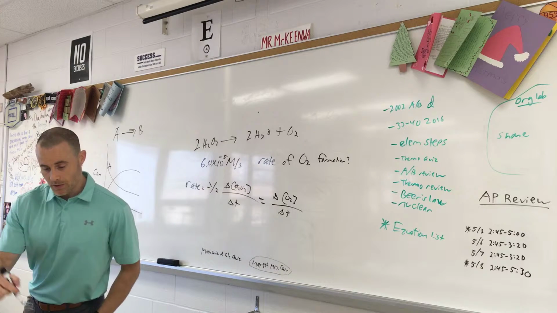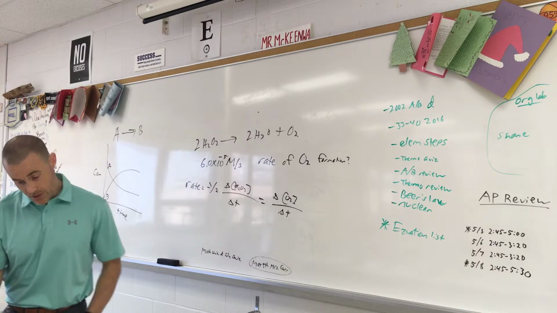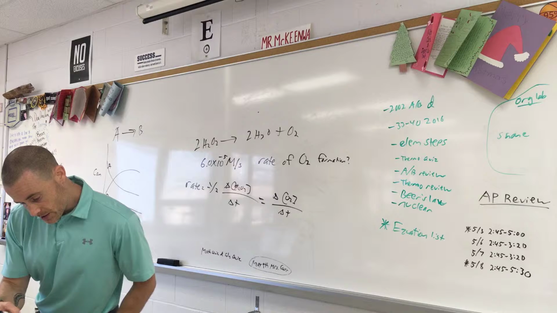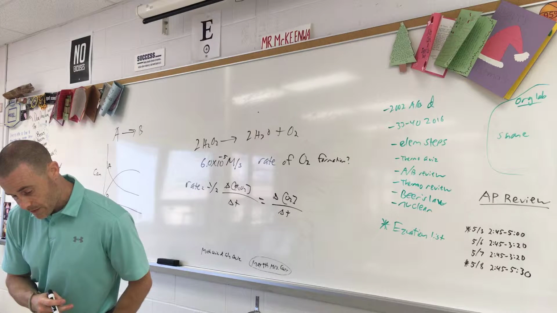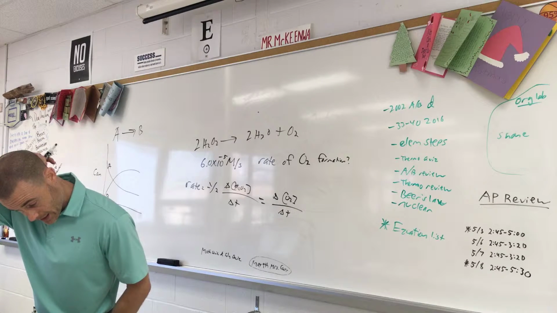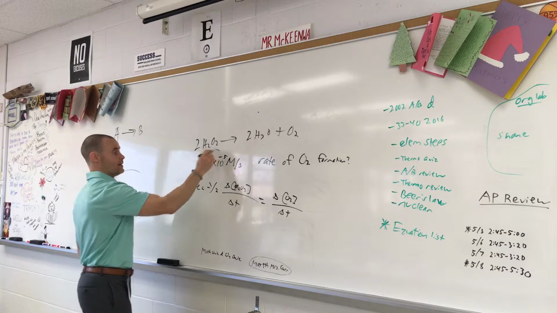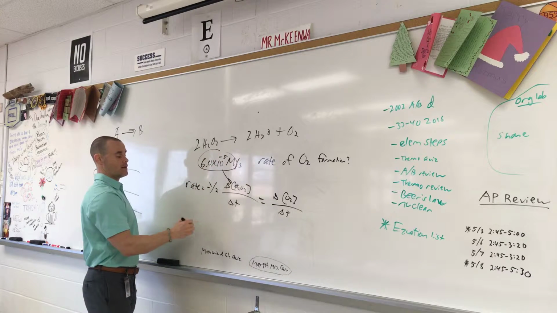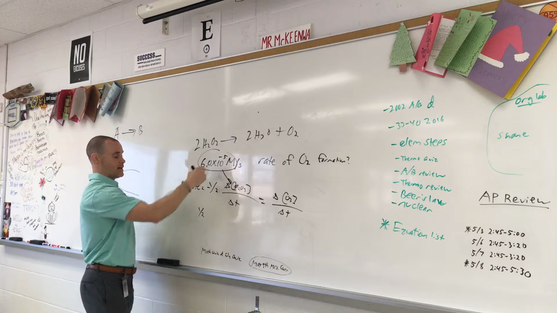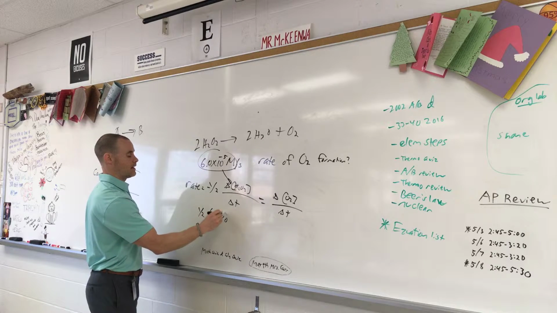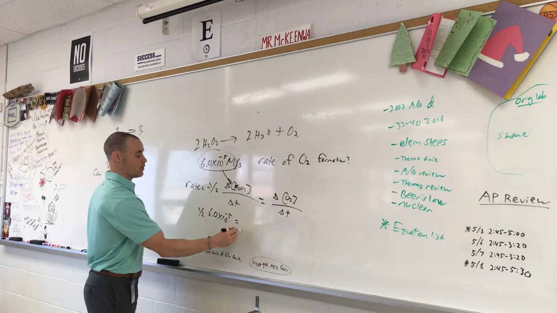So what we would do is we would take 6.0 times 10 to the negative 5, and we would plug it in for the delta T. So we would take this and we would plug it in here. So it would be 1/2 times 6.0 times 10 to the negative 5 equals x.